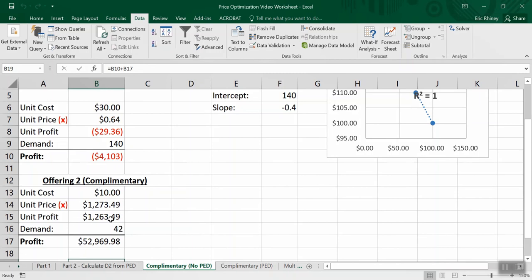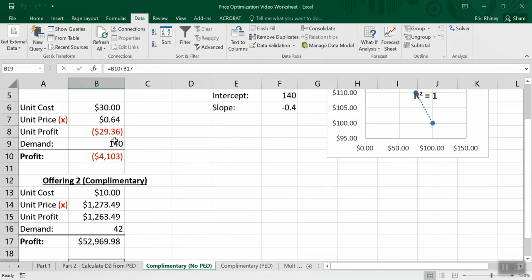Well, if you go down here to the complementary product, you can see where the price for our complementary product is just outrageously high. Maybe, maybe not. I'm saying it's outrageously high, but we don't know. So it's setting the price for our complementary product at $1,273. And you see what the profit is for that.